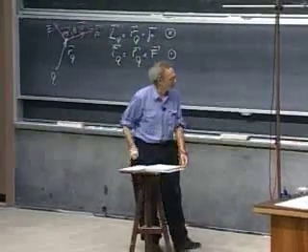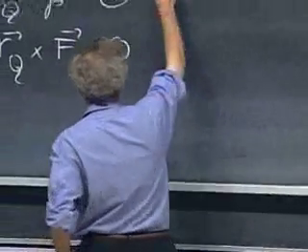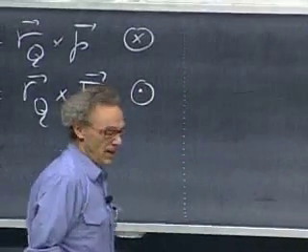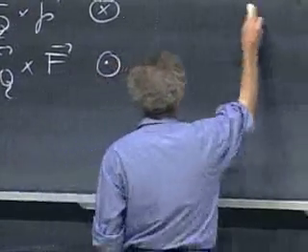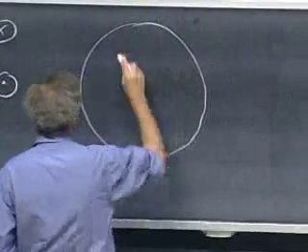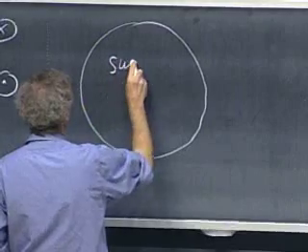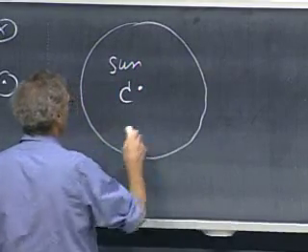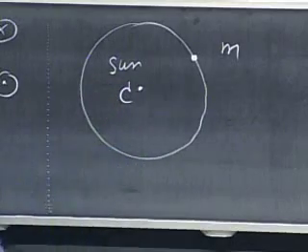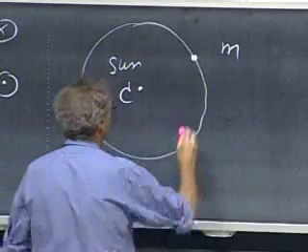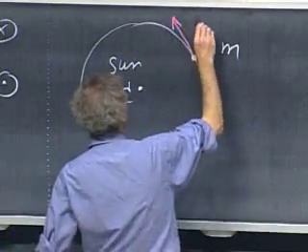So let's start with an example, which I also had last time, whereby we have an object going around the Earth or around the Sun. Let's take the Earth going around the Sun. This is the location of the Sun, and here is the Earth. It has a mass m, and it's going around with a velocity.